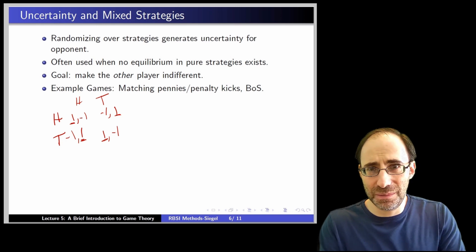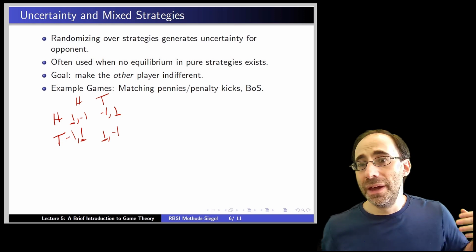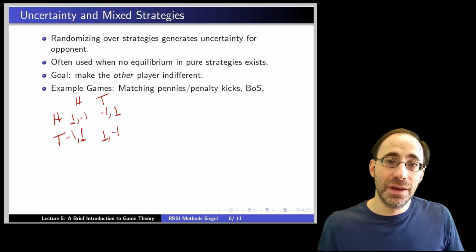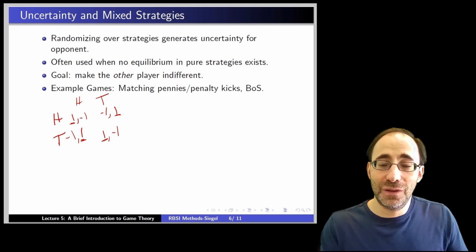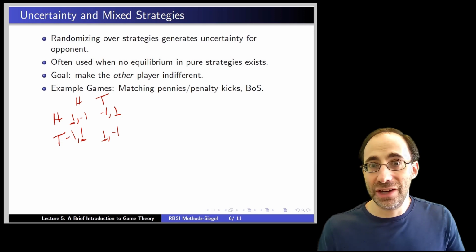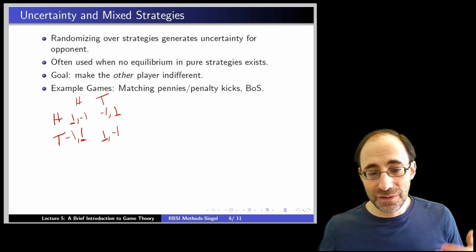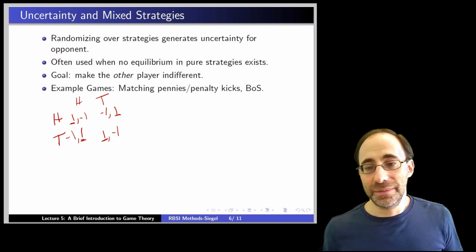I'll discuss what this means more when I go through the math. But that's one interpretation: it's a population of people with the population distribution over strategies equal to your mixing probabilities. And then people sort of move towards that equilibrium over time.